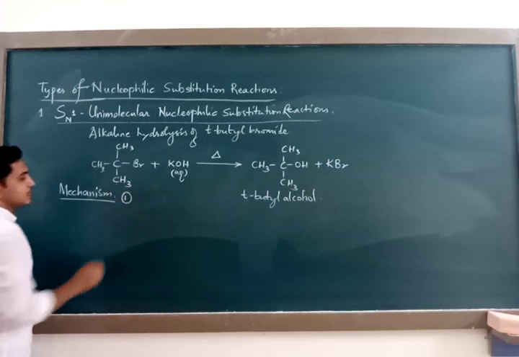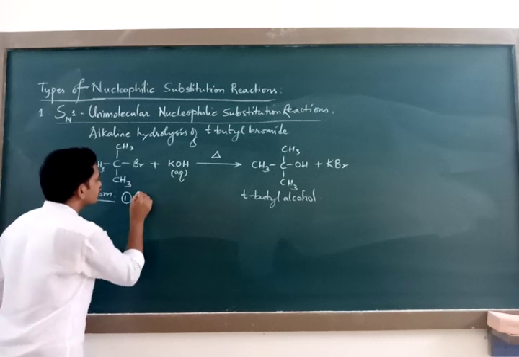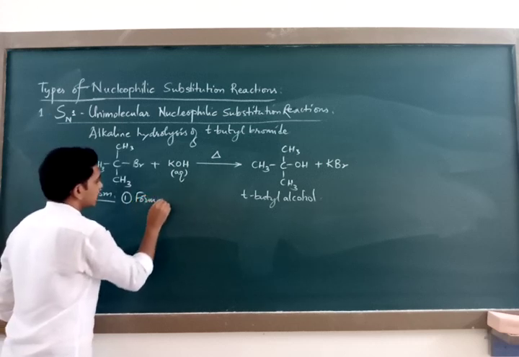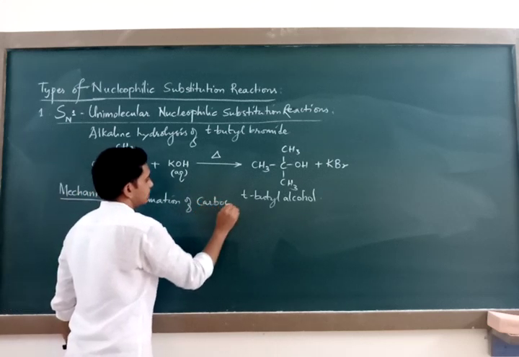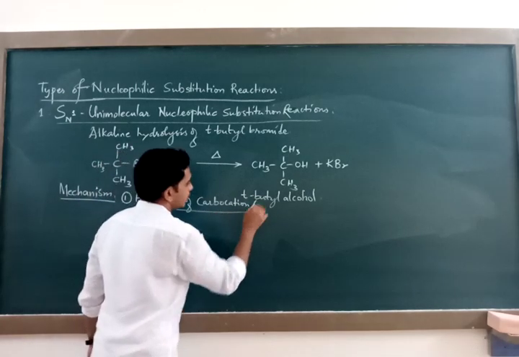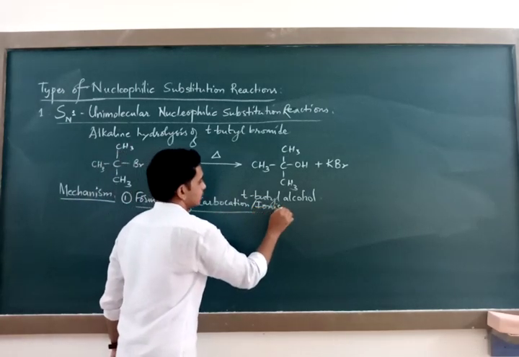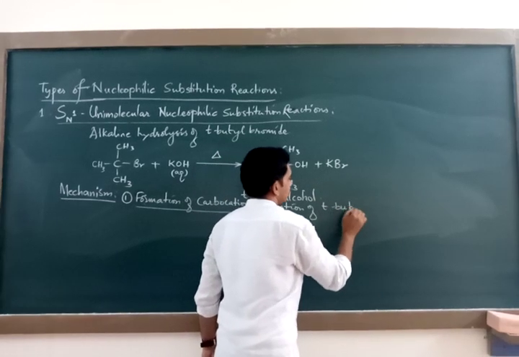The first step is formation of carbocation. It can be otherwise called as ionization of tertiary butyl bromide.